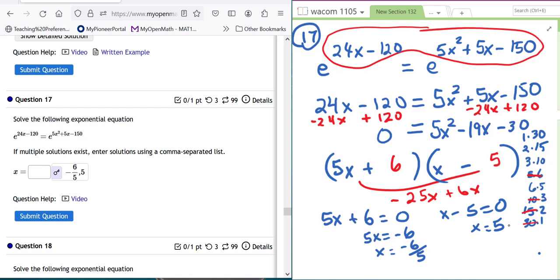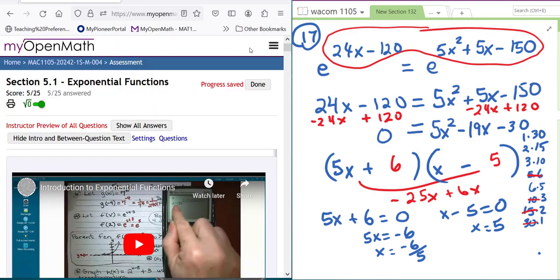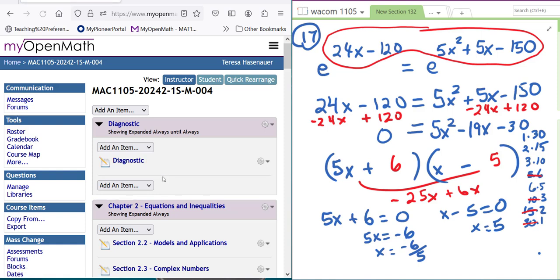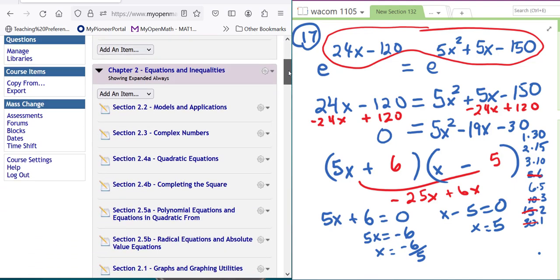Okay, so that was a little bit different. Let's go to the next section. So this was just 5.1. And let's look at some logarithms. A logarithm is the inverse of exponential functions.